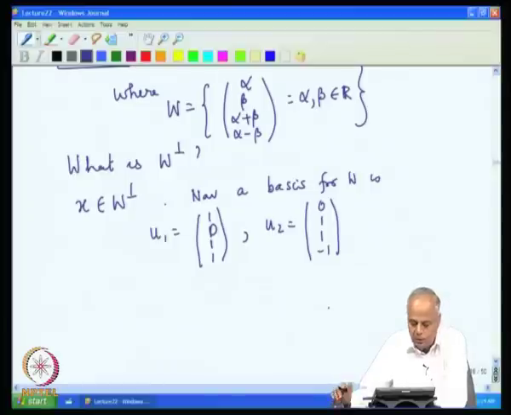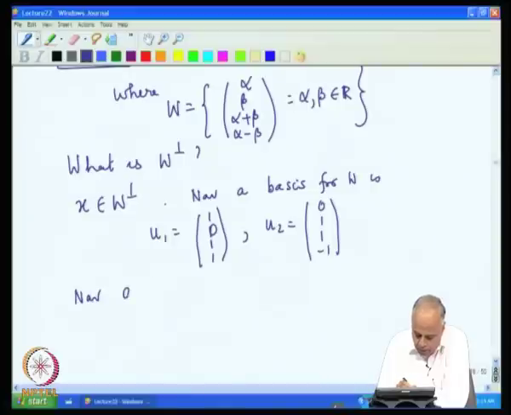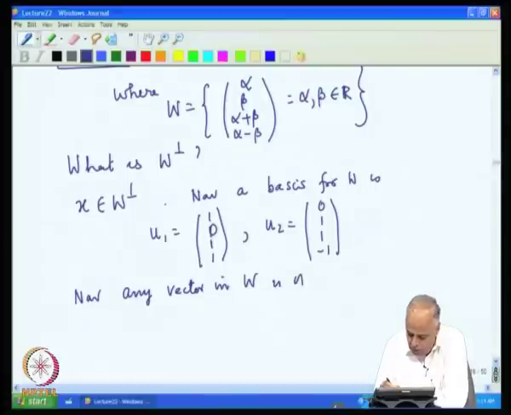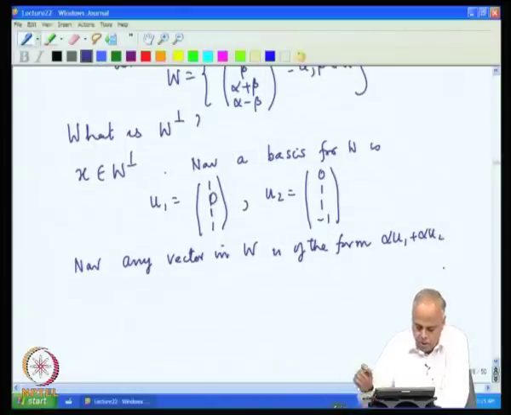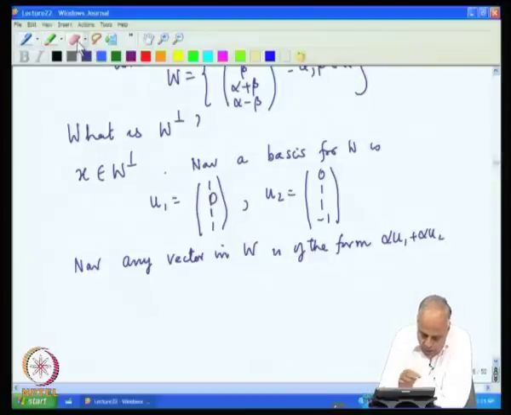So, therefore, these form a basis. Now, any vector in W is of the form alpha u1 plus beta u2.